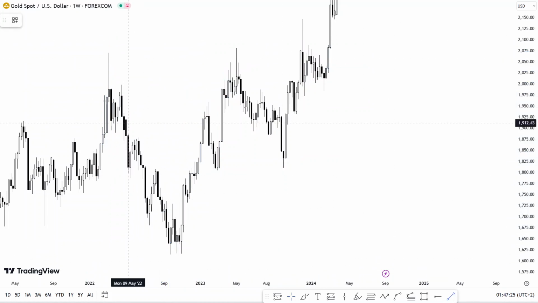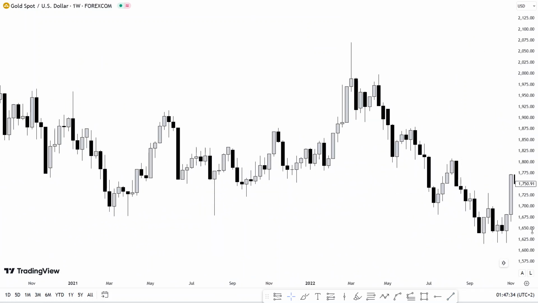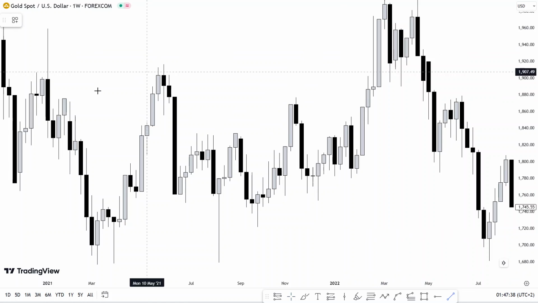Another area that we have, we're gonna look for resistance right now. So we have this one right here. Let's start here. We have a buy, have a sell right here.